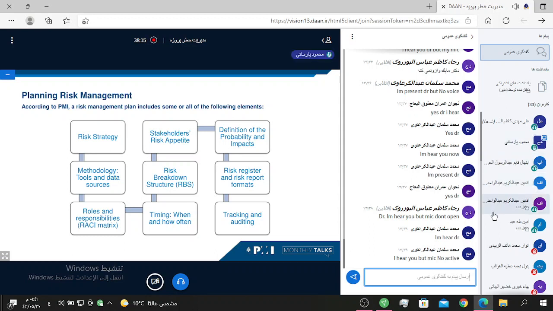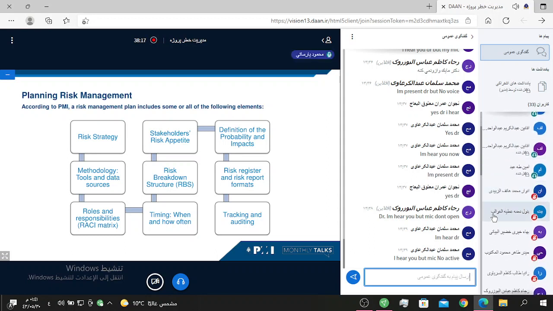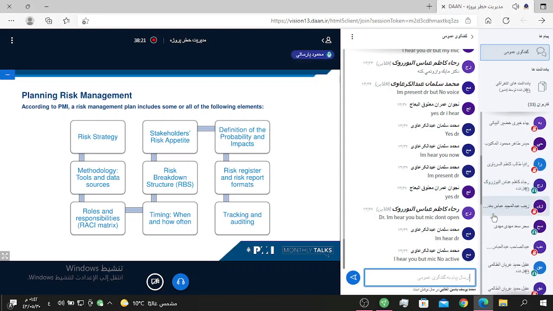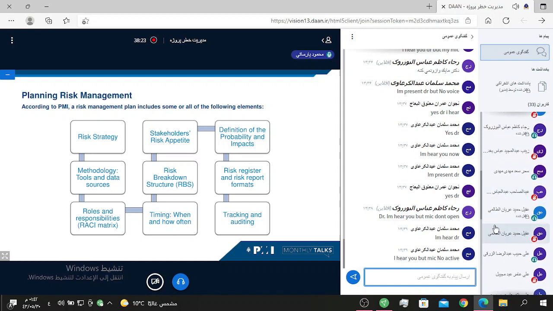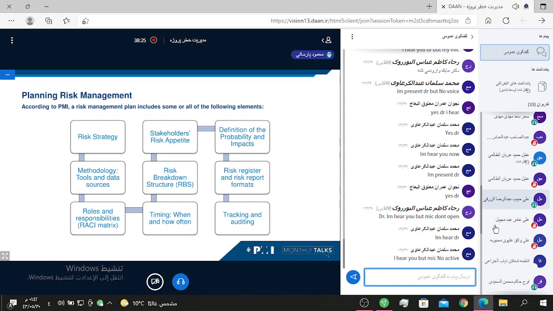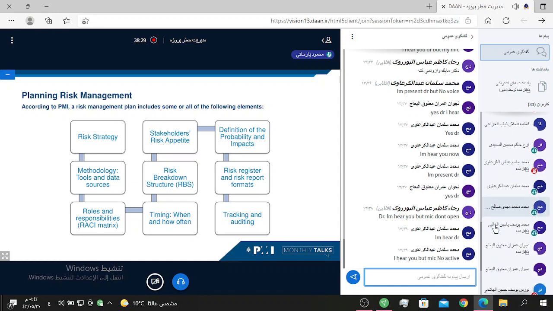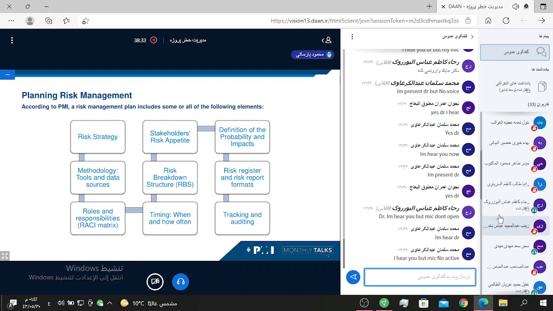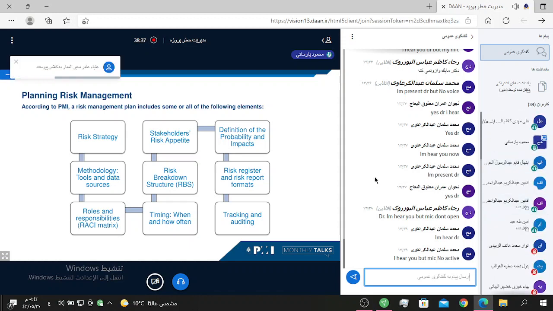After that, roles and responsibilities. And the next one, timing. That means when and how often risk occurrence and risk reviews happen. And next, risk breakdown structure, RBS, in suitable levels, 3 or 4 levels.